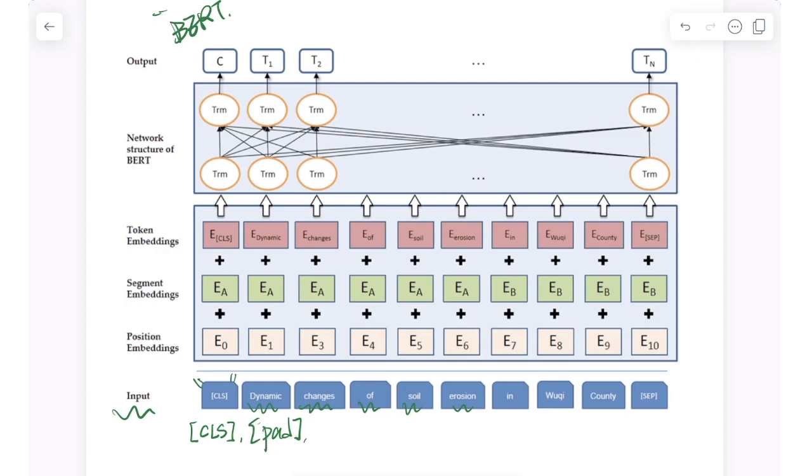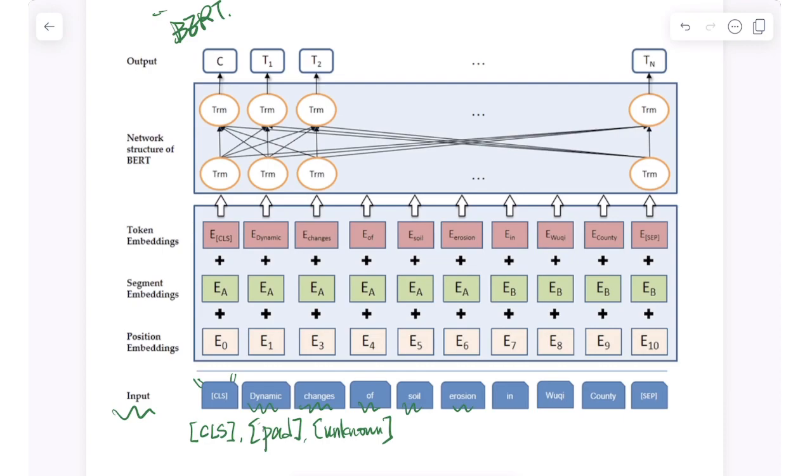And of course, we have unknown. That means you have a limited dictionary size, so not all English words are in your dictionary. So sometimes for some very professional word, you don't have this specific word in the dictionary. So you use the unknown token to replace this specific word which is not in the dictionary.